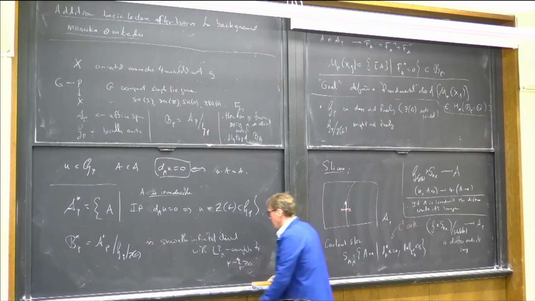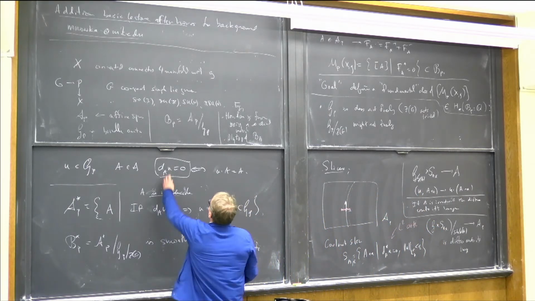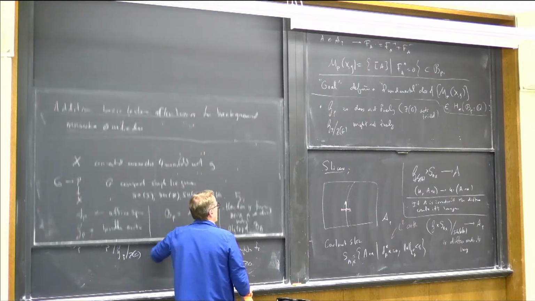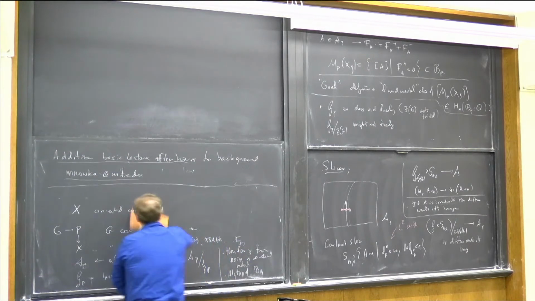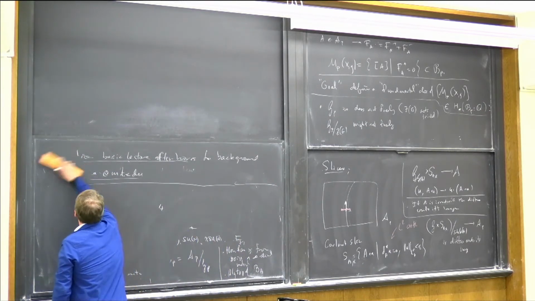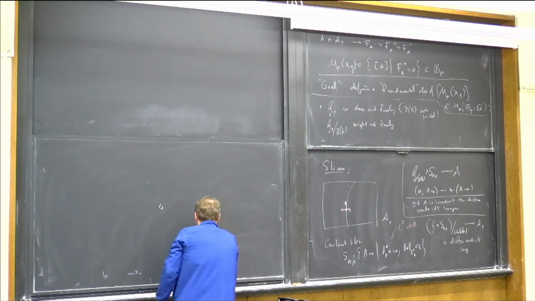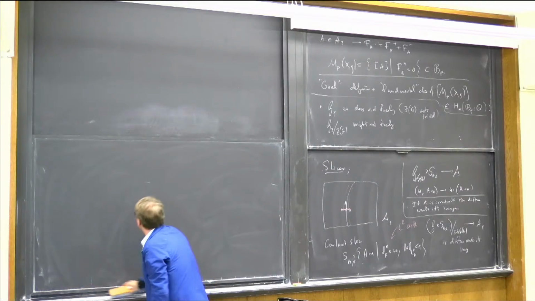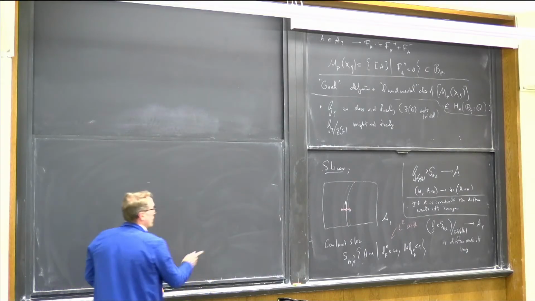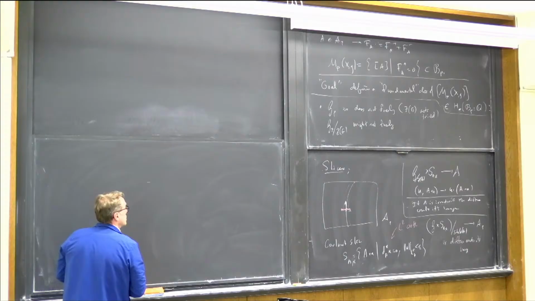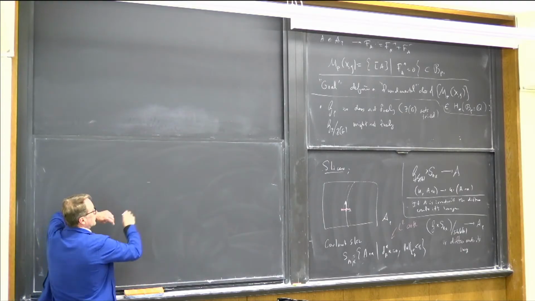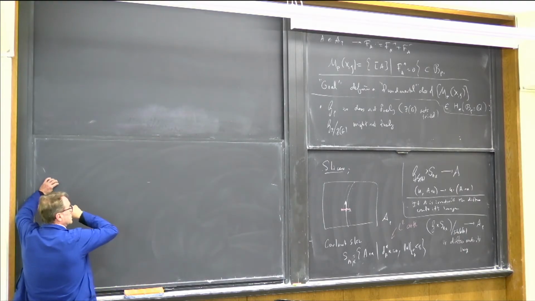So now, having said that, we can now talk about the anti-self-dual Yang-Mills equation. So how do we think about the anti-self-dual Yang-Mills equation in this context?